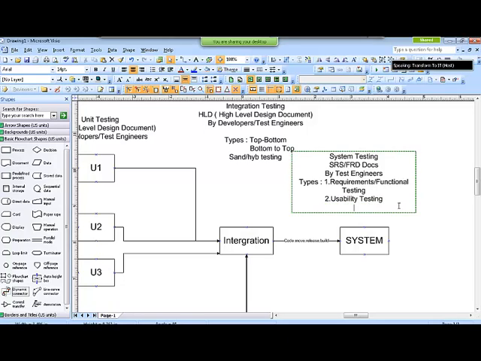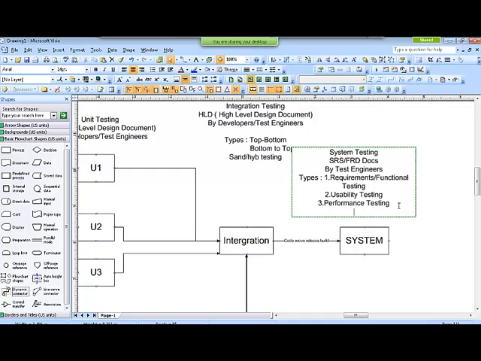And the third one is performance testing. The fourth type of testing under system testing is security testing. So these are the major 4 types of testings involved under system testing.